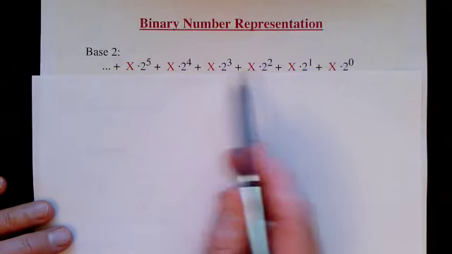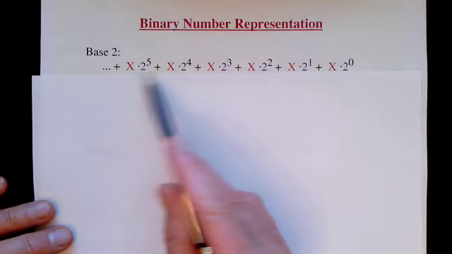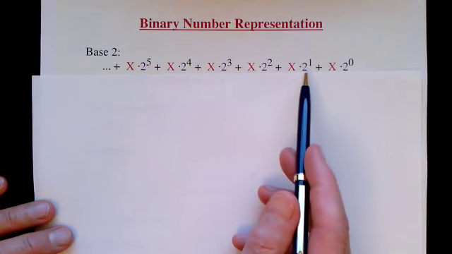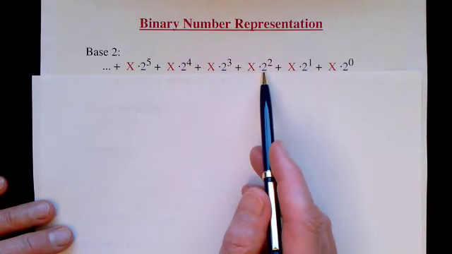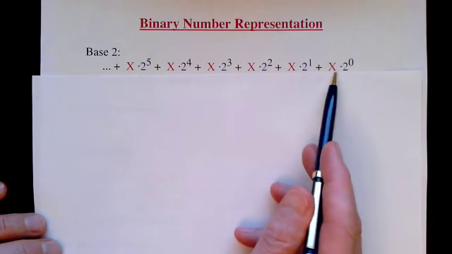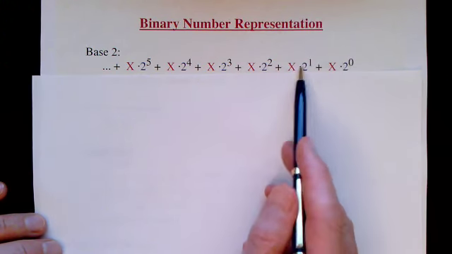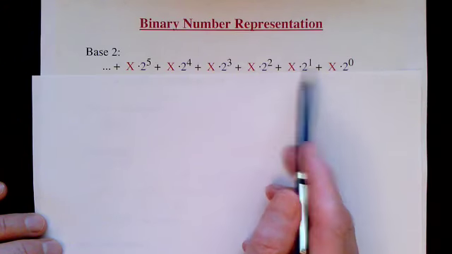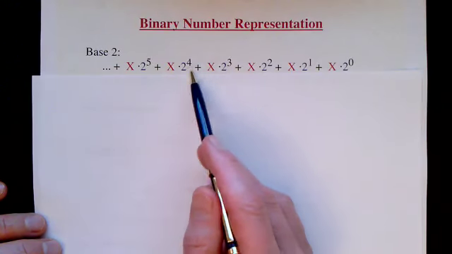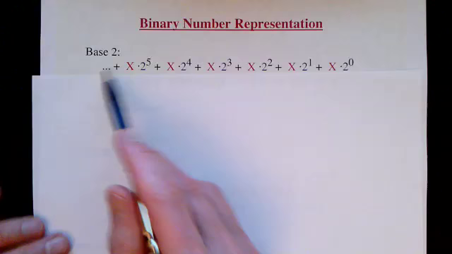Each numeral in the number is going to be multiplied by a power of the base to show its place value. And instead of having 10 to the 0, 10 to the first, 10 squared, we've got 2 to the 0, 2 to the first, 2 squared, 2 cubed, 2 to the fourth, 2 to the fifth, and so on.